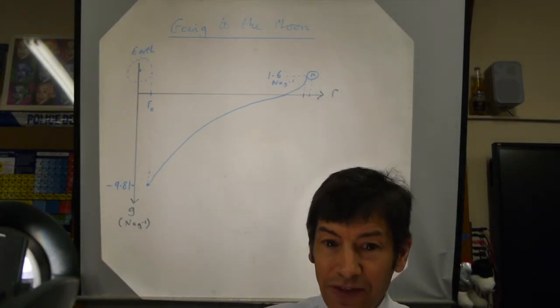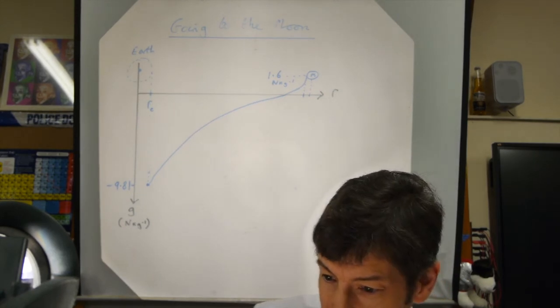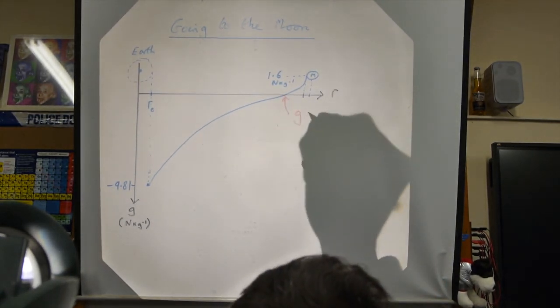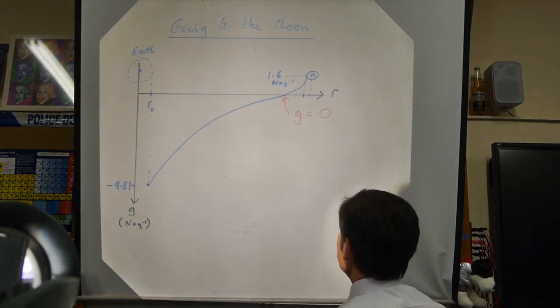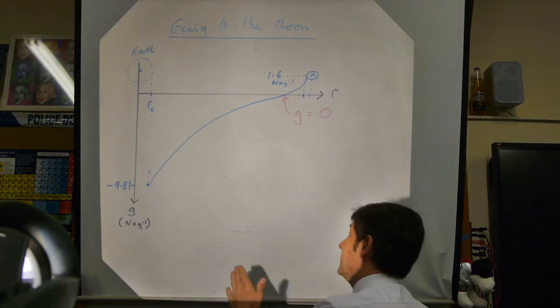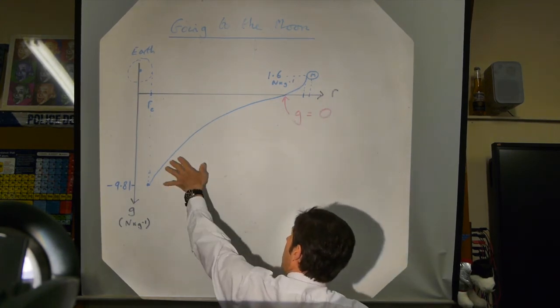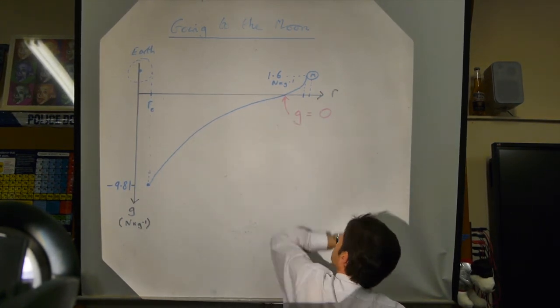Well, the thing that's really interesting you'll notice from this graph is this one little point here. Here, g equals 0. So, if you imagine it, there's a place between the Earth and the moon where the Earth is hauling you back home, and the moon is pulling you the other way.